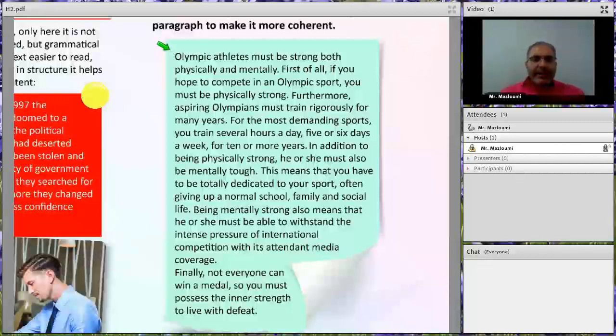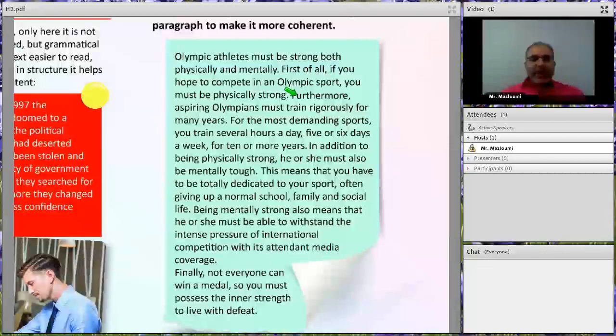Olympic athletes must be strong both physically and mentally. First of all, if you hope to compete in an Olympic sport, you must be physically strong. Furthermore, aspiring Olympians must train rigorously for many years.